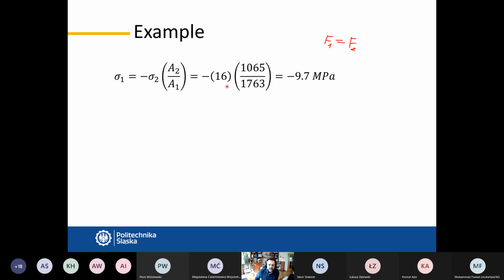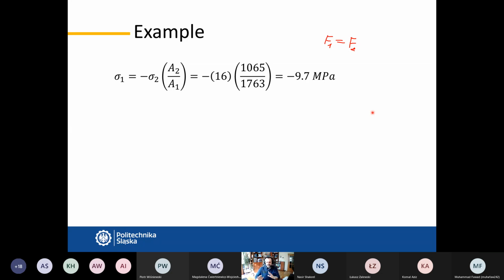And we know that there should be no more than 60 megapascal. We have a ratio of stresses, a ratio of cross-sectional areas of these pipes. So if the external pipe is 16 megapascal, then in the internal it will be less than 10 megapascals.